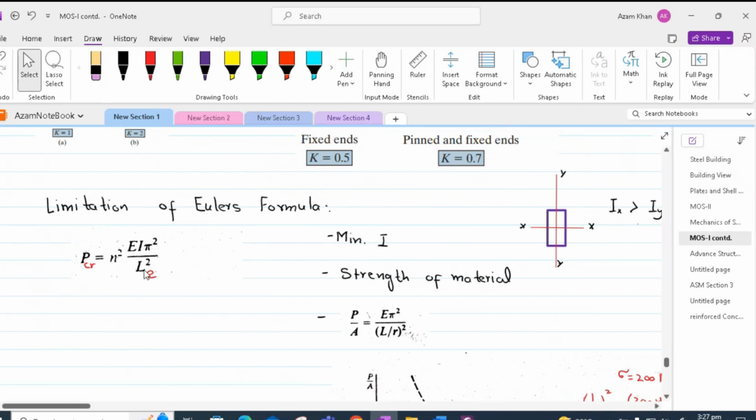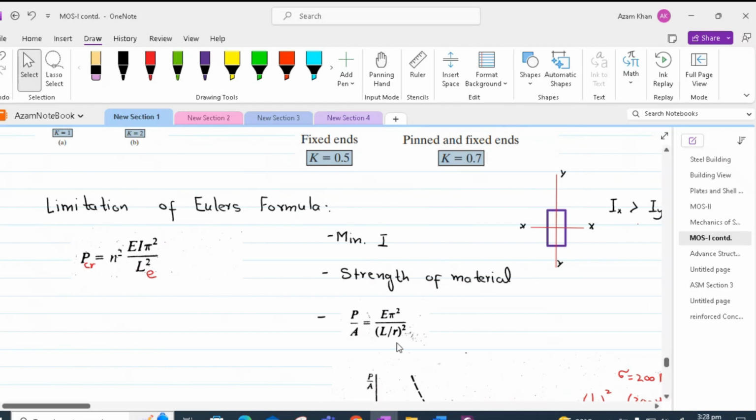If we divide both sides by A and write our moment of inertia in terms of A R square, where R is the least radius of gyration, we get the equation P by A is equal to E pi square by (L by R) whole square. L by R is called the slenderness ratio of the column.